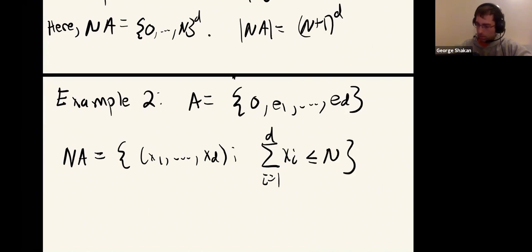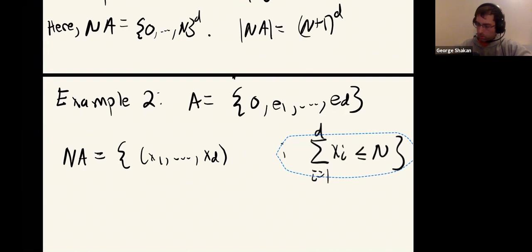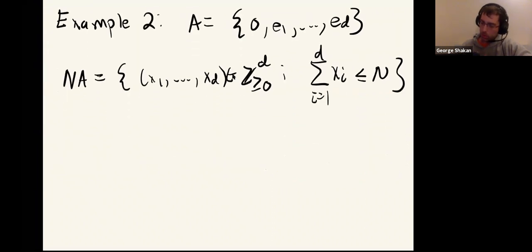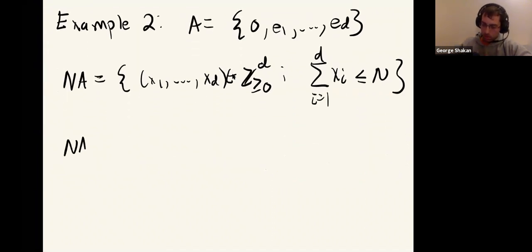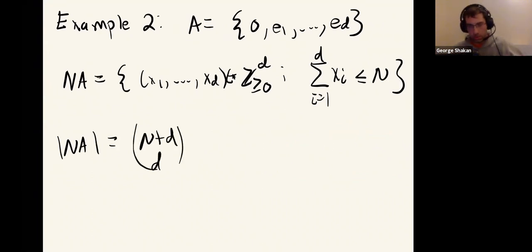Okay, maybe let's be precise about what's going on here. In this case, the cardinality is easily computed by, I guess, stars and bars, for instance.